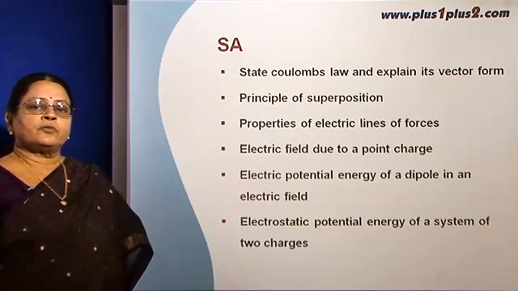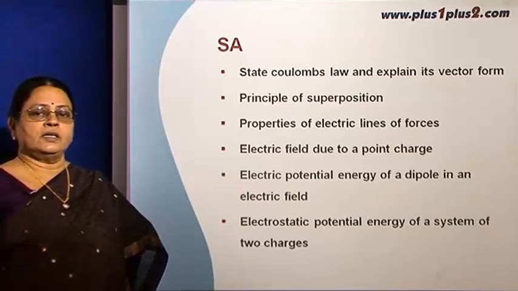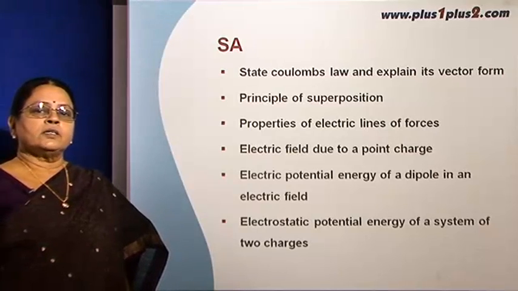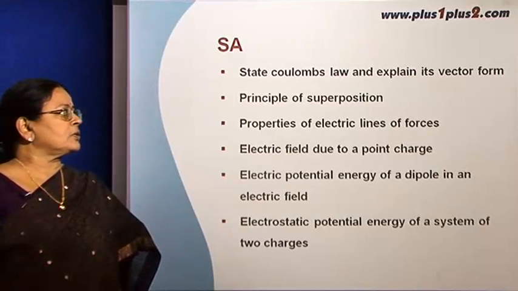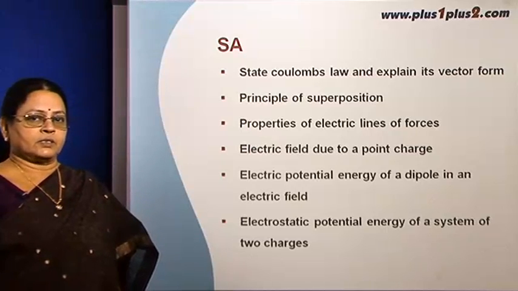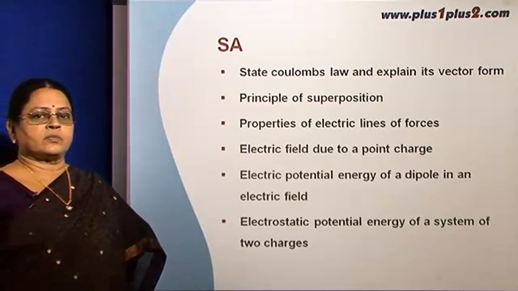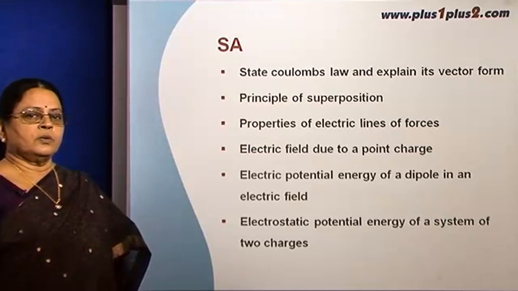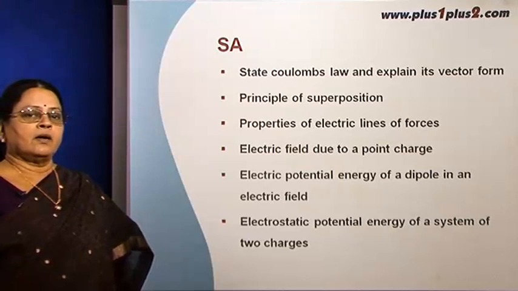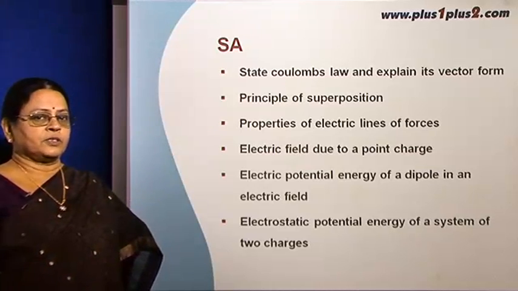The direction of the force is along the line joining the charges. The magnitude of the force is directly proportional to the product of the charges and inversely proportional to the square of the distance between them. This is the statement for Coulomb's law. So try to learn all the important definitions under the topics I have given earlier.